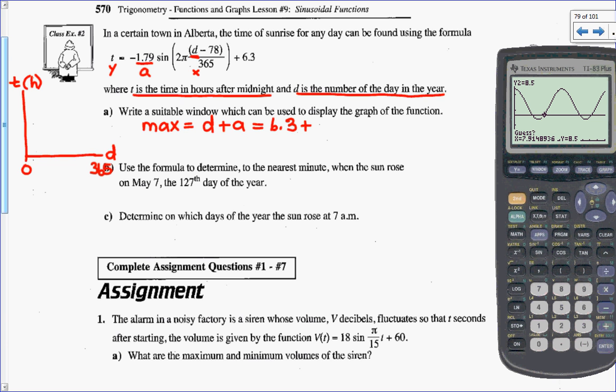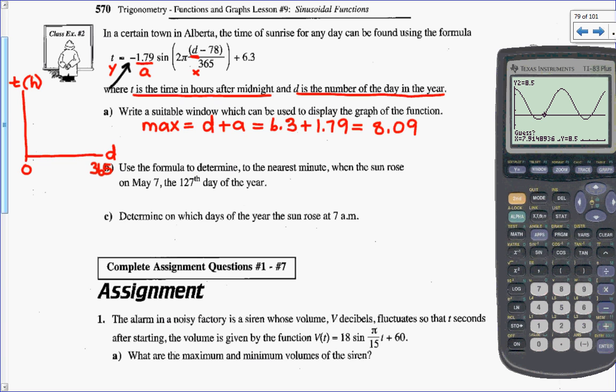Is it possible to measure distance in negatives? No. So you're going to take the absolute value of that. This negative sign in front just tells you that this graph has actually been reflected over the midline. So don't worry about that negative sign. Just use the absolute value, the amplitude, which would be 1.79. So that's going to give you 8.09.